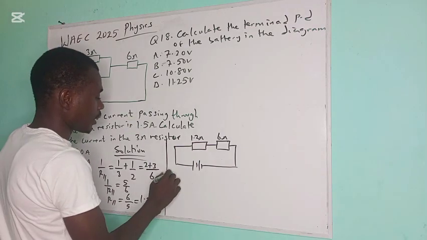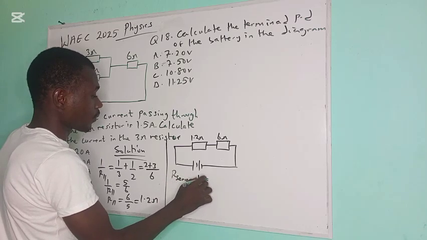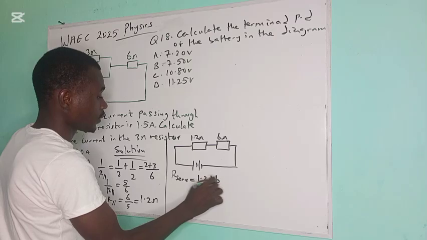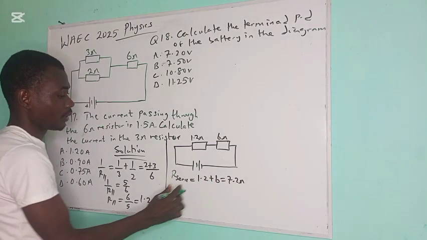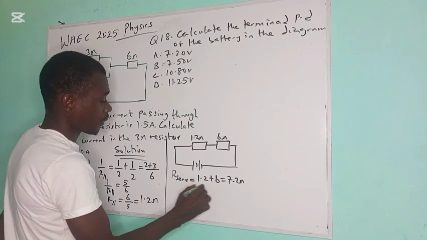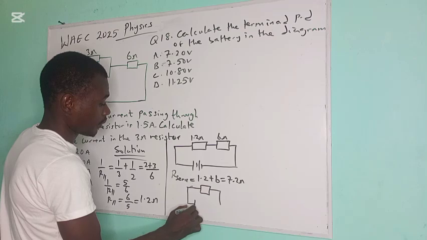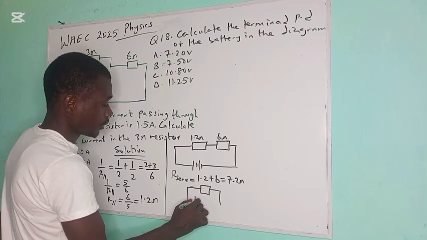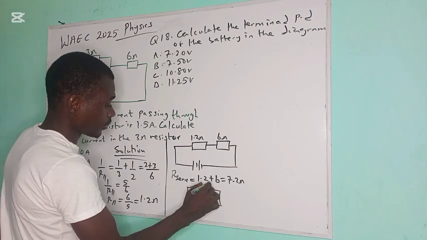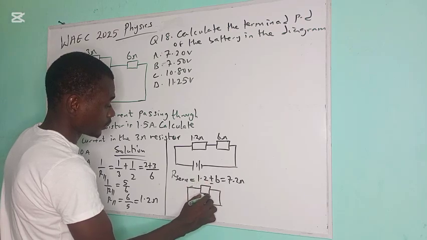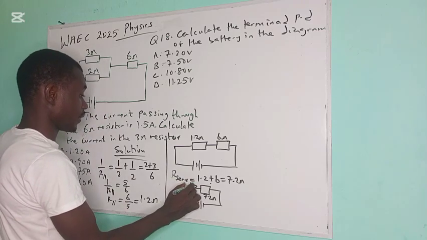So let's find R series, which is 1.2 plus 6, which is 7.2 ohms. The circuit has now reduced to this, 7.2 ohms. So what is the current? The current is 1.5.